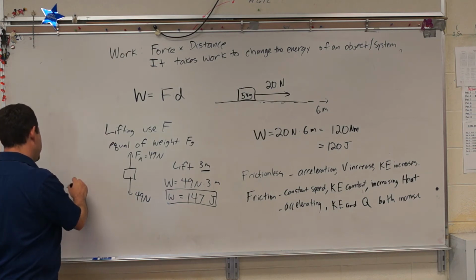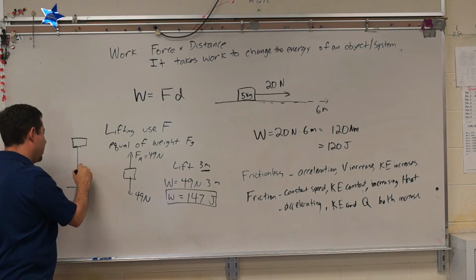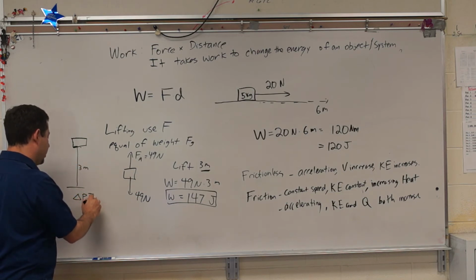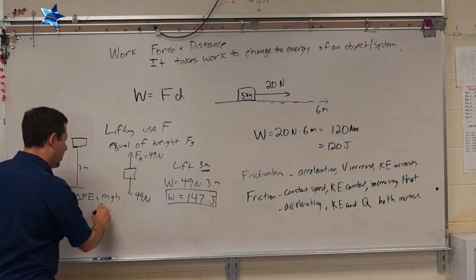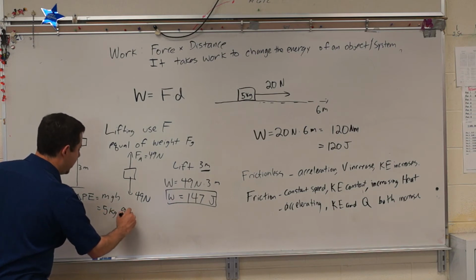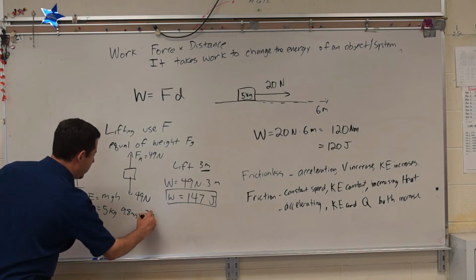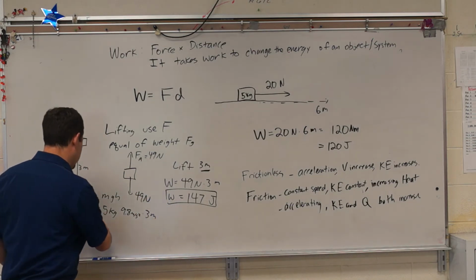If you were to measure the gravitational potential energy of the block when it's 3 meters high, you would find that the change in gravitational potential energy, mgh, with mass 5 kilograms, g 9.8 meters per second squared, and height 3 meters, you multiply these out, you get the same 147 joules.